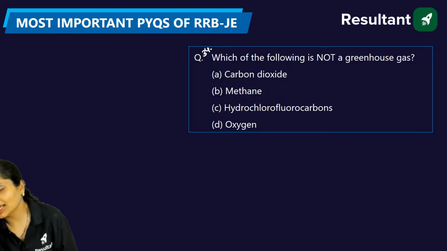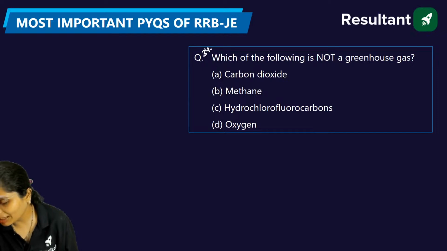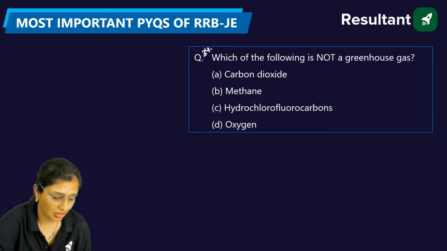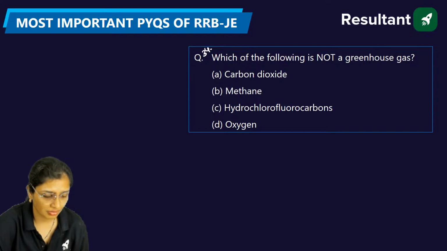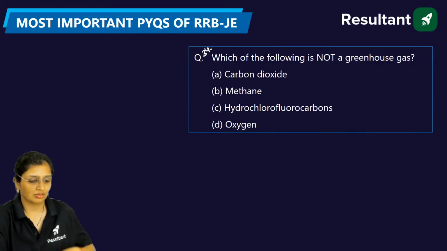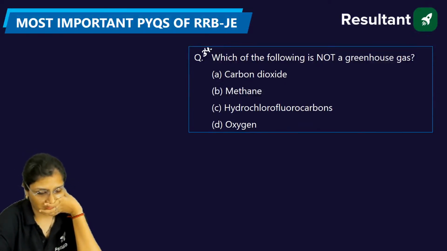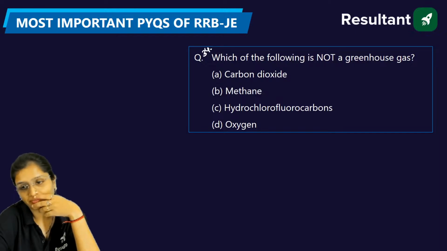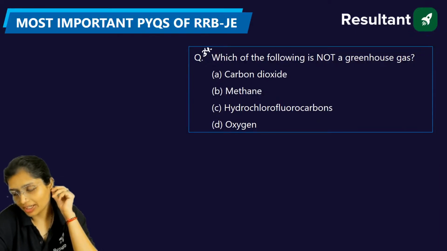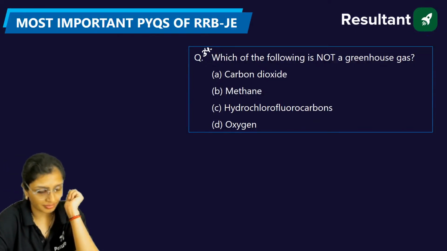Greenhouse gas are which gas which absorb and emit infrared radiations? Come on, solve it. Quick. Which of the following is not a greenhouse gas? Which absorb and emit infrared radiation?